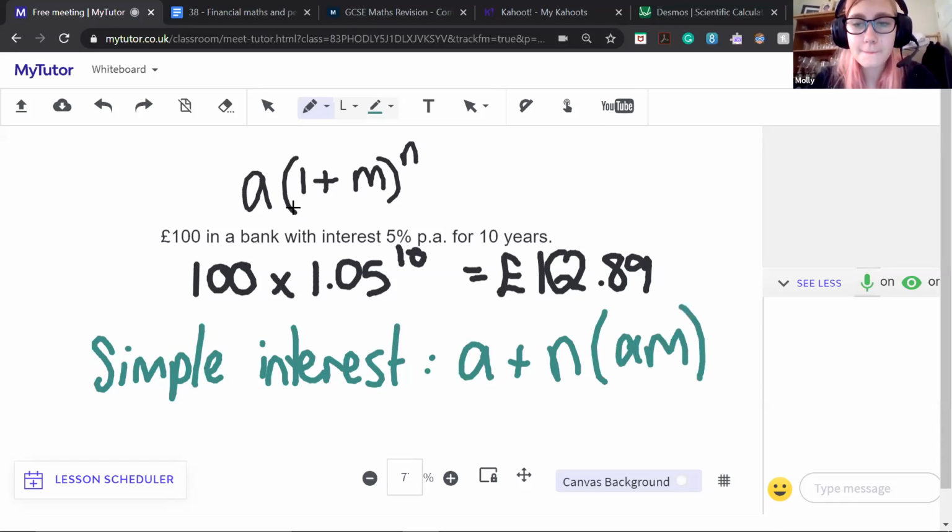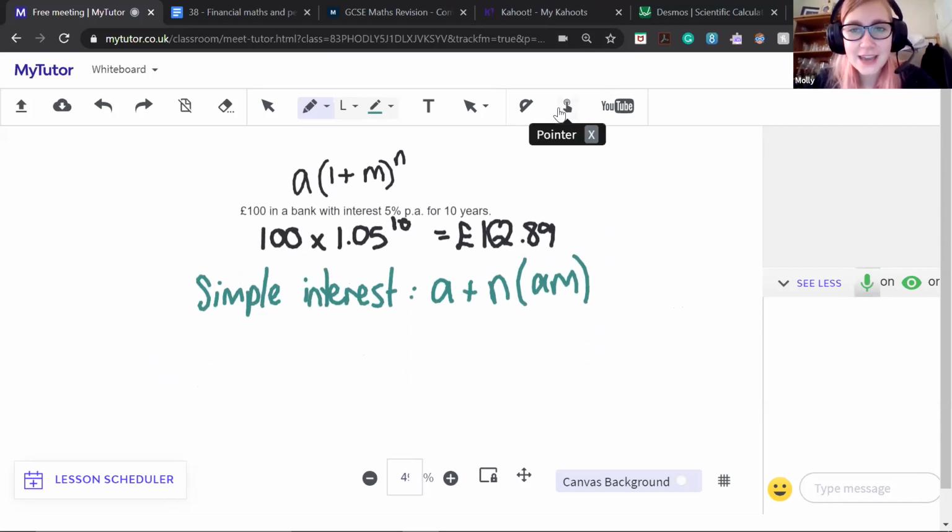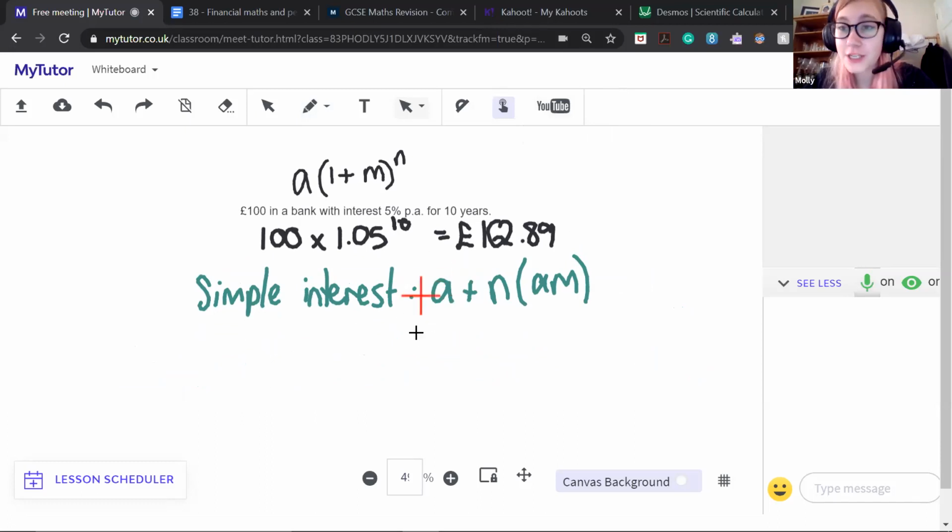I'll explain exactly what this means. So A is the original amount, and then we do n lots of basically 5%. So all of these are the same as the A, M, and N here. So M is the multiplier. So the reason that we do AM is because this tells us 5% of the original amount. And I'll show you with this example here.